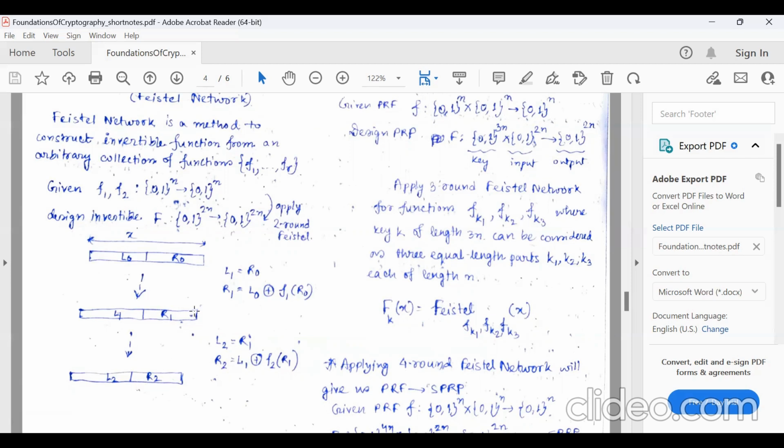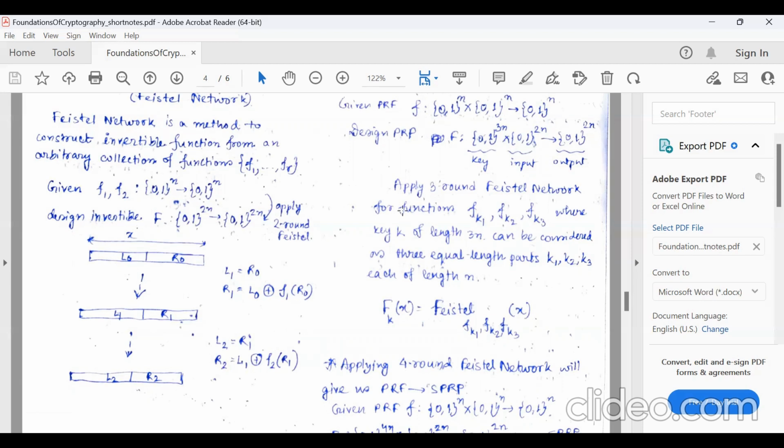You can show its invertible property very easily by going back. You can actually get back to this X because of the way each step of Li and Ri is defined to be constructed from L_{i-1} and R_{i-1} of the Feistel network. So for this pattern of construction, it is always invertible.